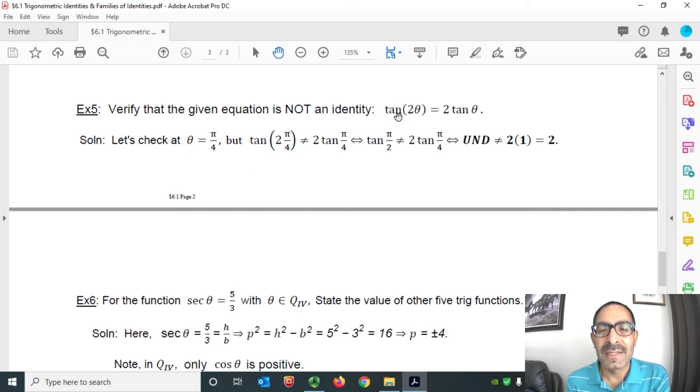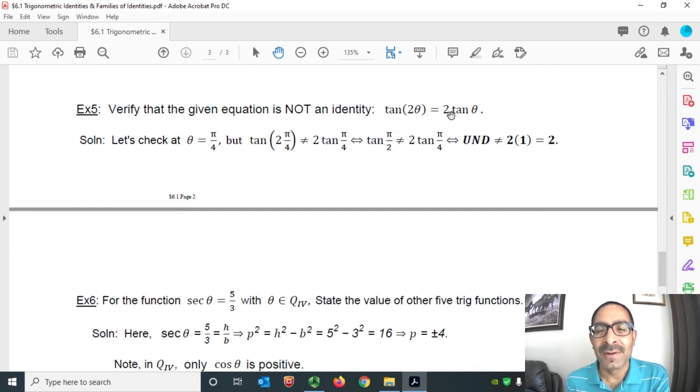Then the left hand side is tangent of 2 times pi over 4, which is, I can cancel the 2 and 4, so the left hand side is tangent of pi over 2, which is undefined. We know tangent 90 degrees is undefined, so our left hand side is undefined. Now let's see the right hand side.